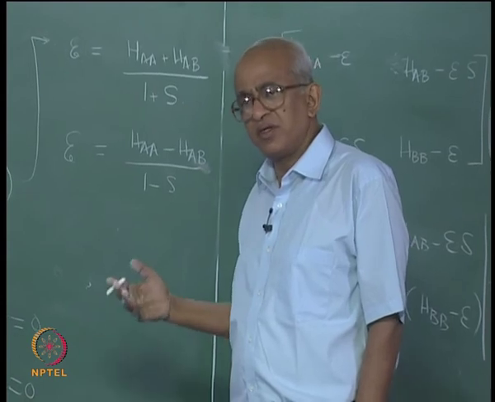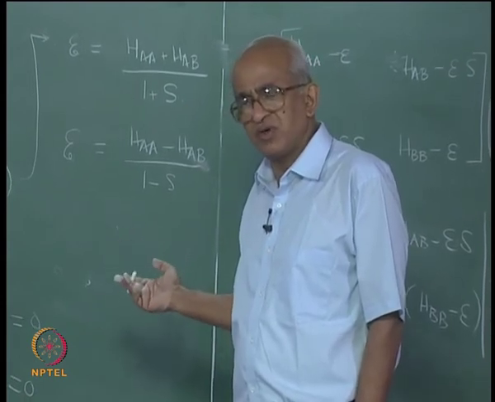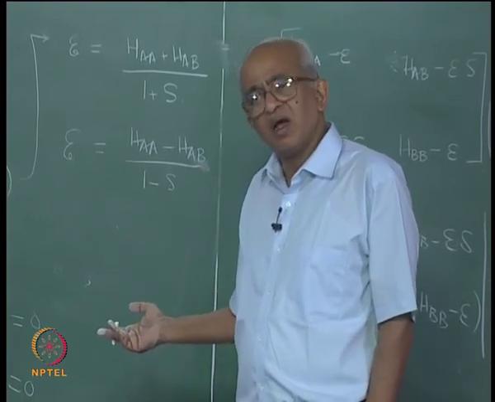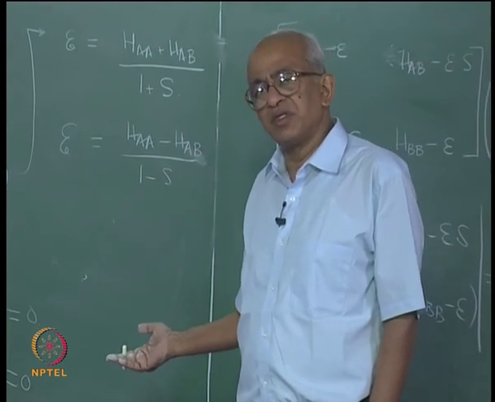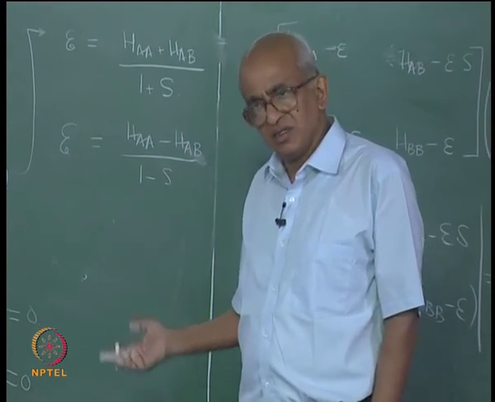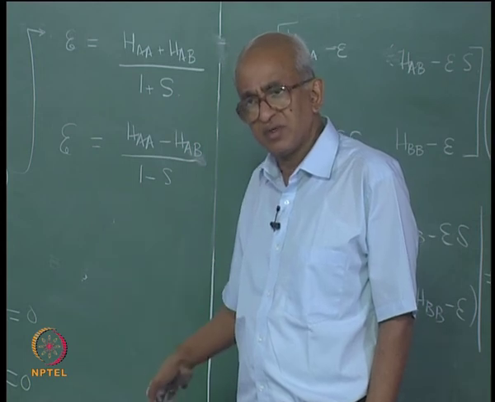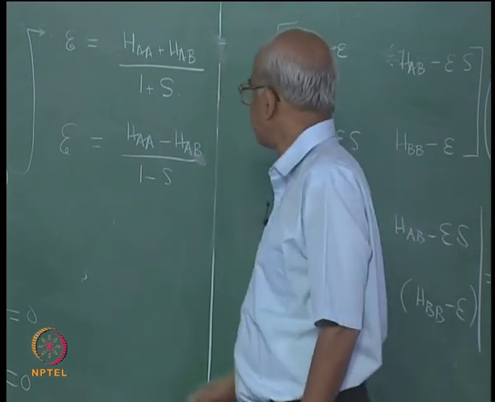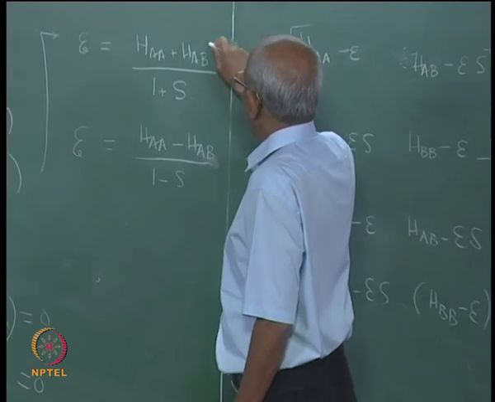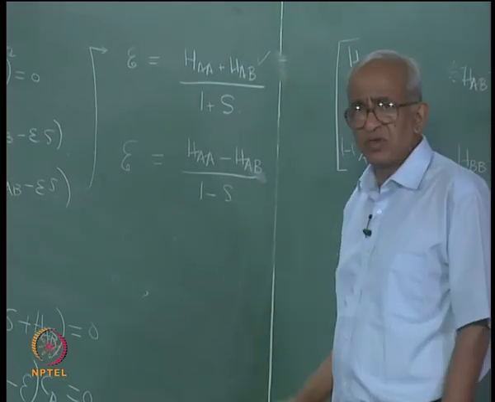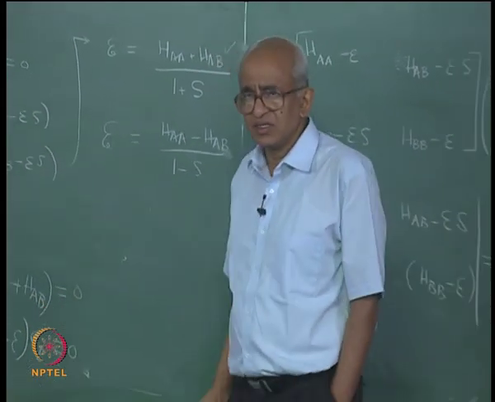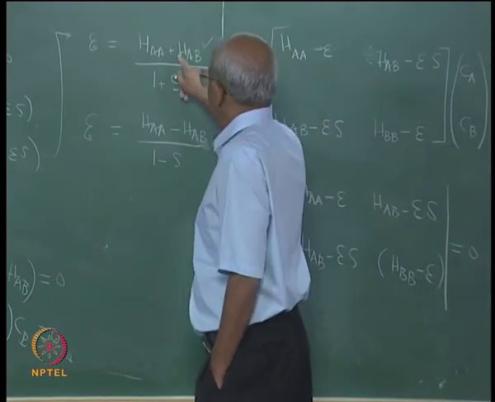So, we have found two possible values for script E, and which one will be the best approximation for the energy of the ground state? The one that is lower, right, and of these two what actually happens is that this is the one that is lower, which you may find surprising, but the reason is that HAB actually is negative.